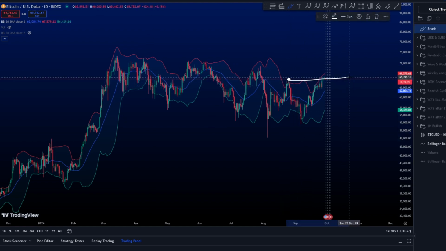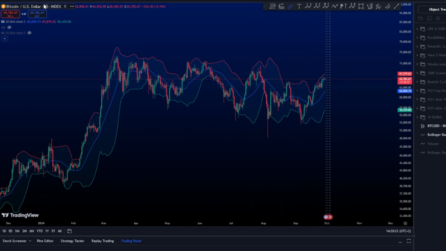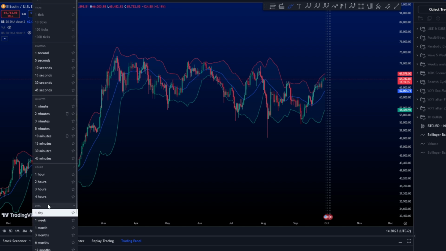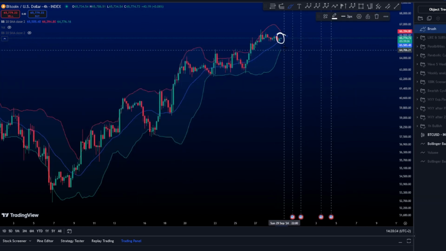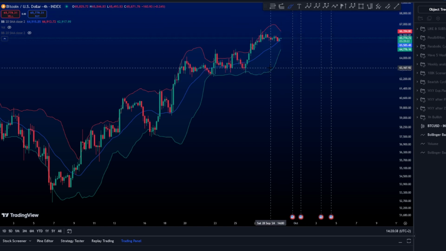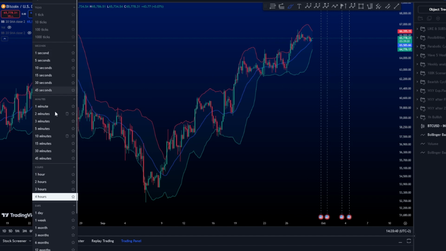We have passed even here the red Bollinger Band history, and if we look at the 4-hour chart, we can see the same is happening. So basically everything looks good. As you can see, we have retested here the blue line. We might move up, possibly even. Everything is possible, so let's see.